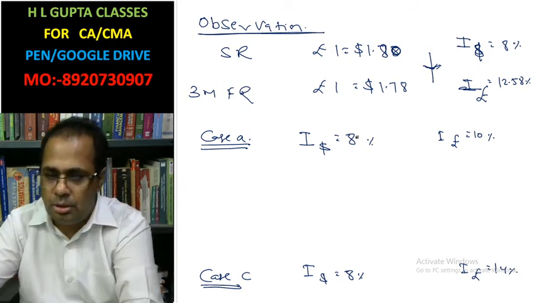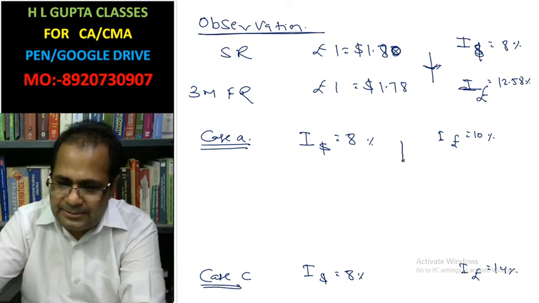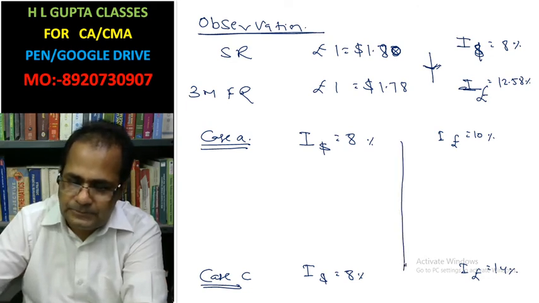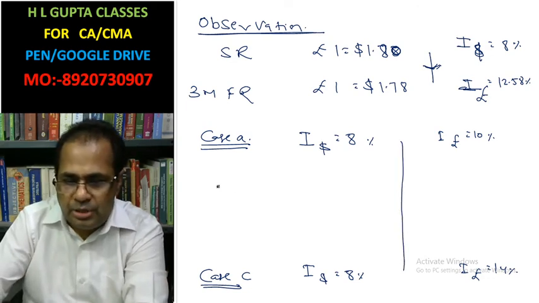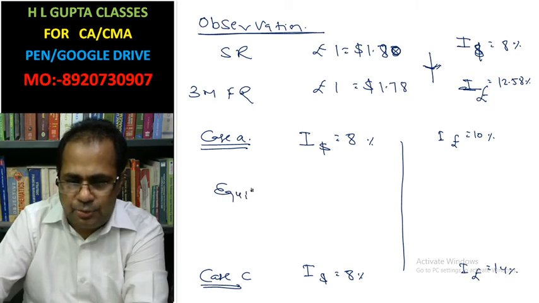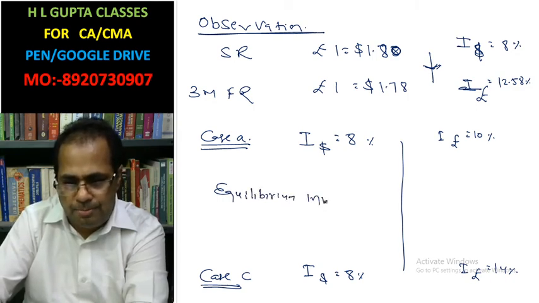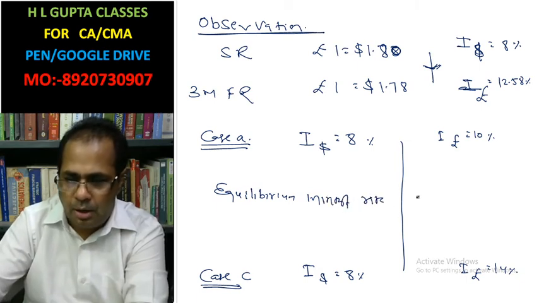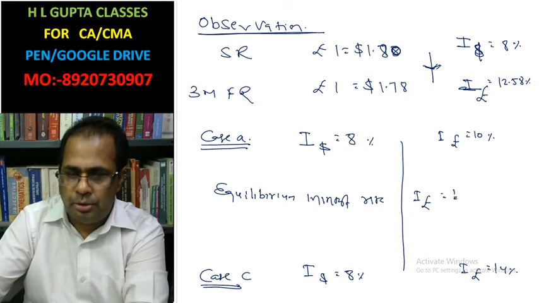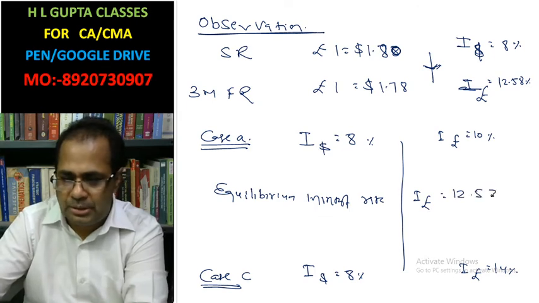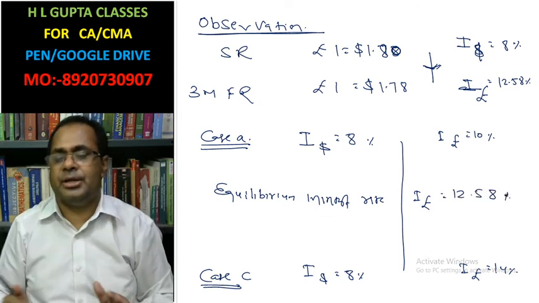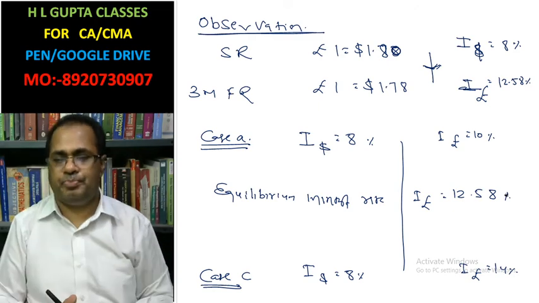Look at it. In this case, equilibrium interest rate of pound 12.58%. Please try to understand this, what this means.